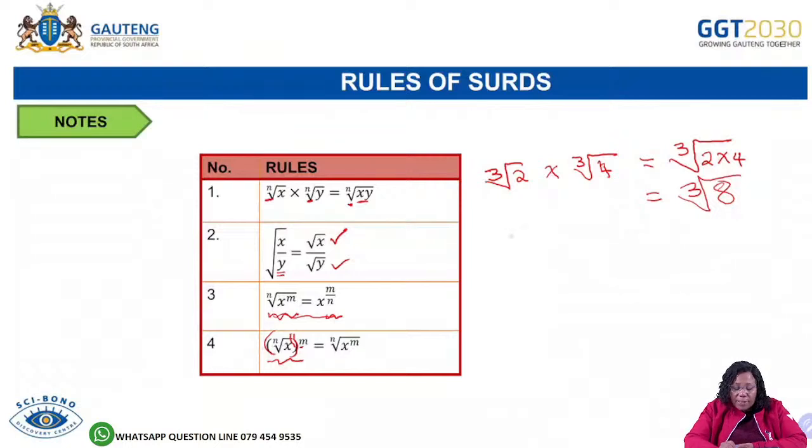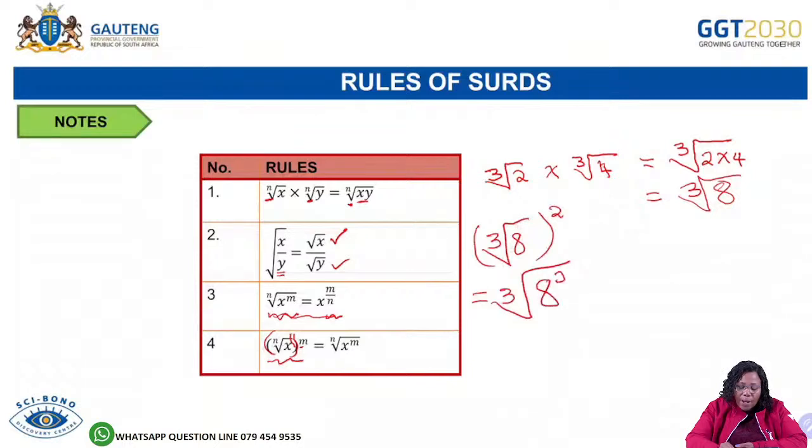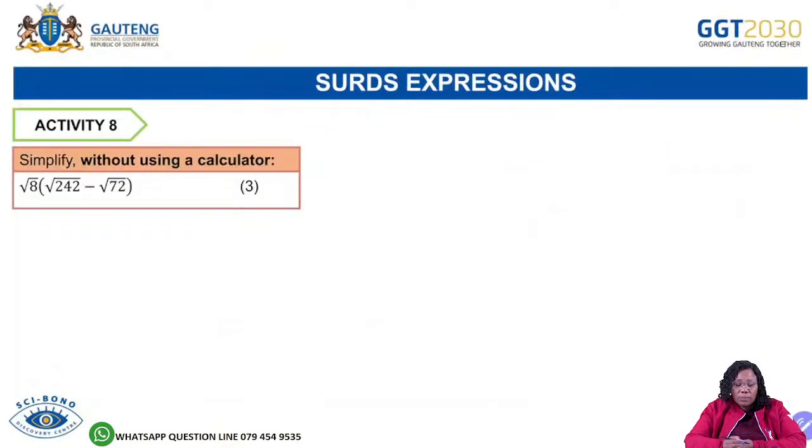For example, let's say I'm having the cube root of 8 to the power 2. This rule says I can write the cube root of 8 squared inside the root sign. I can bring this square to that base 8 there. Okay, those are the surd rules.